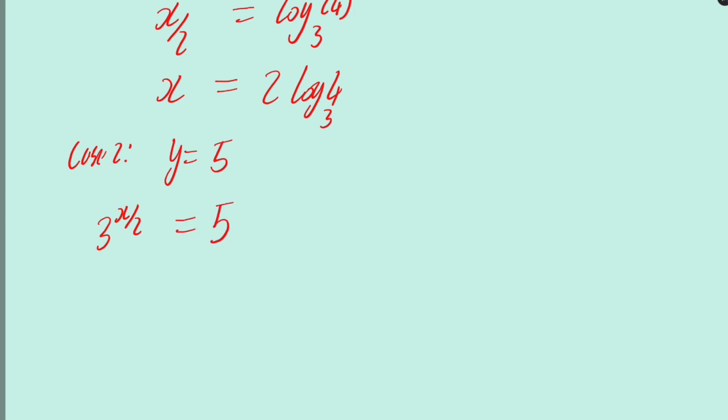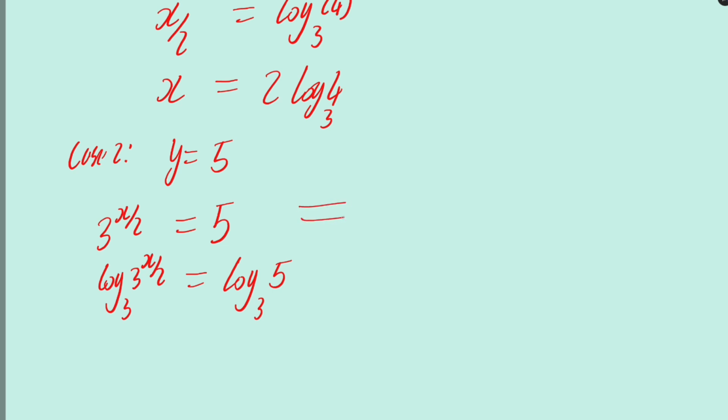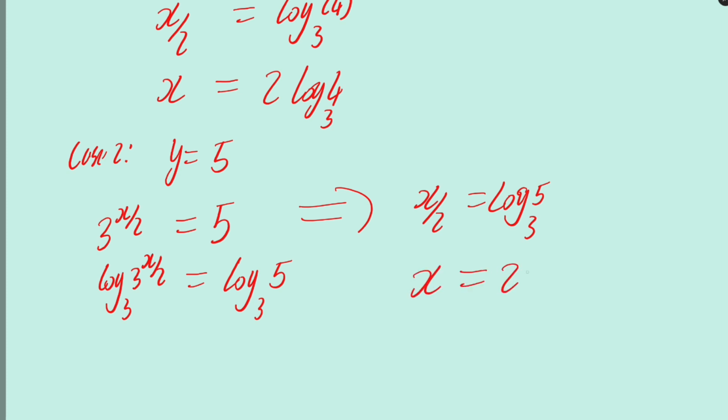We simply do again, we take the log base 3 on both sides, which will have log base 3 of 3 to the power x on 2 is equal to log base 3 of 5, which implies from here, it gives us x on 2 is equal to log 5 base 3, so our x is equal to 2 log 5 base 3.